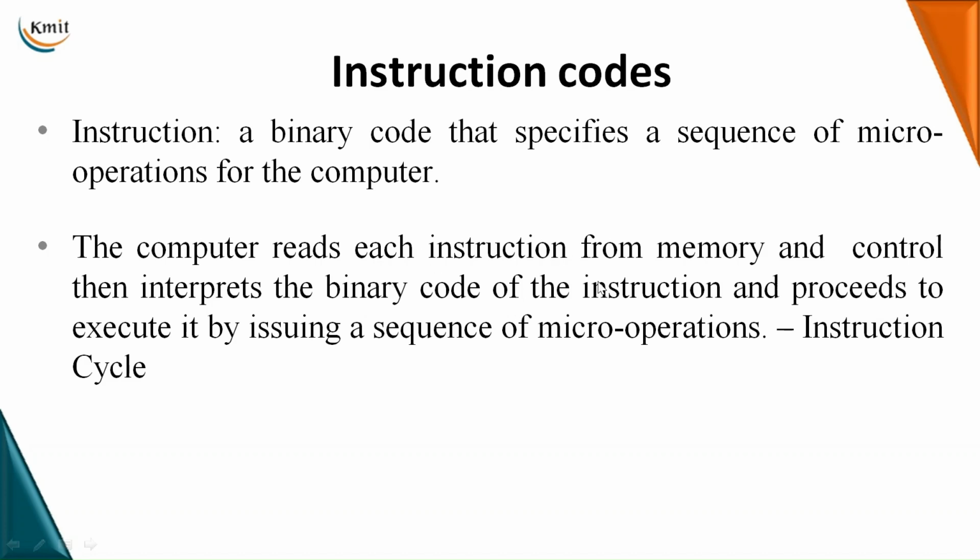Based on the binary code, it identifies the operation that has to be performed and the operands, and then it proceeds with the execution. All this together is called an instruction cycle. The complete execution of instructions is done by means of an instruction cycle, and the same cycle repeats for each and every instruction present in your program.